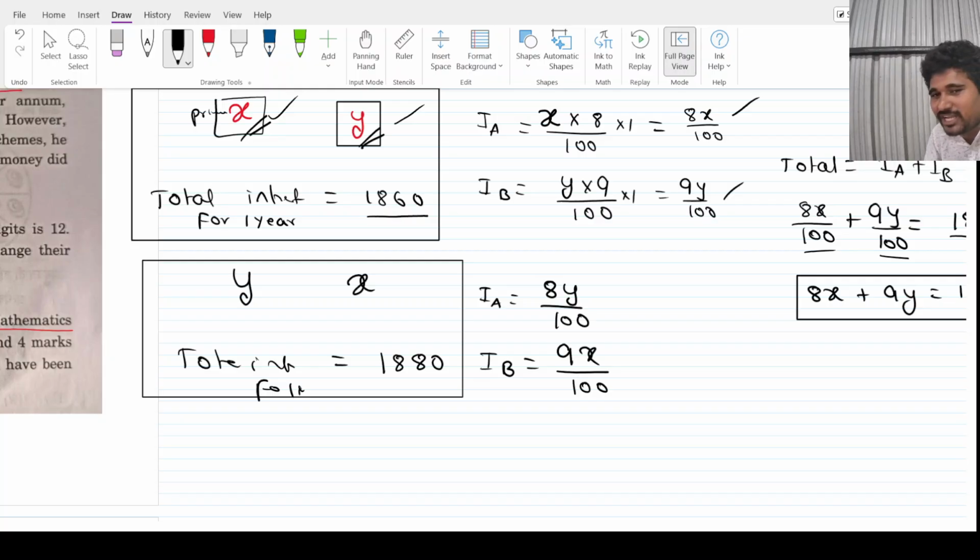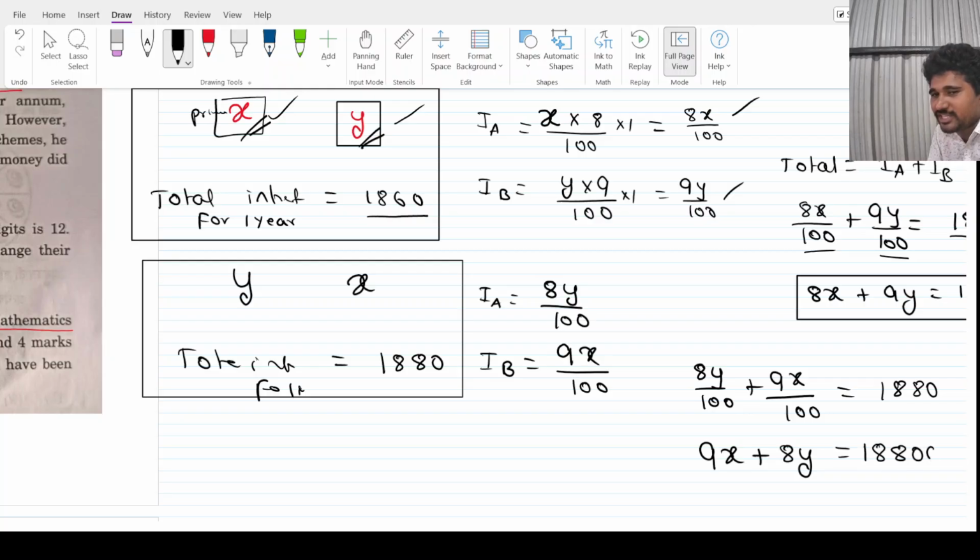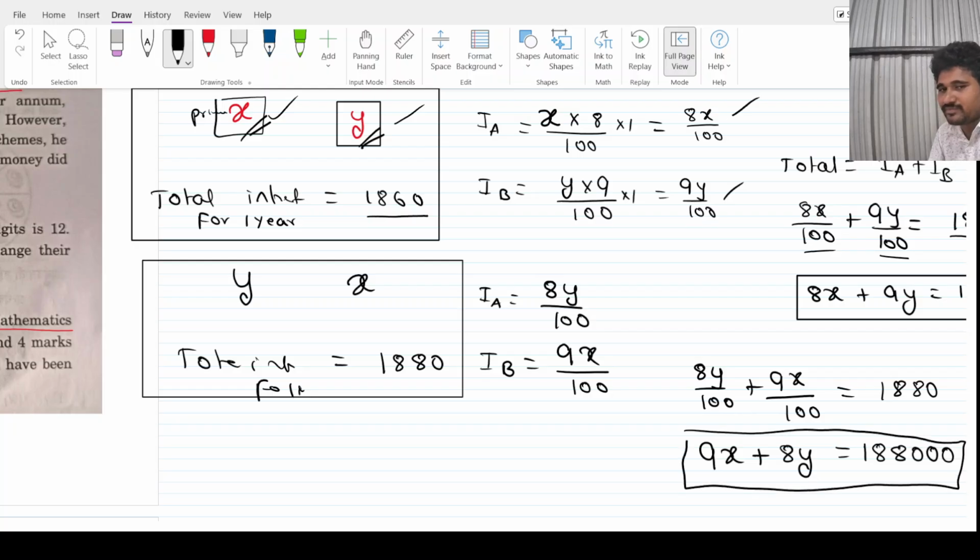So what is the total interest? 8y by 100 plus 9x by 100 is equal to 1880. Correct? 1880. Multiply by 100, what will it become? 9x plus 8y equal to 188000.